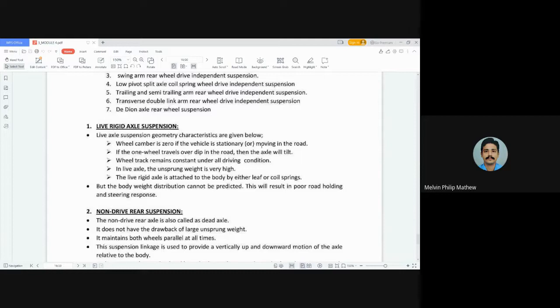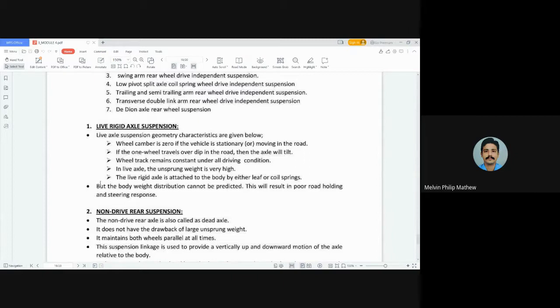Then in a live axle the unsprung weight is very high. So what was unsprung weight? The weight that we studied earlier in the body roll case is called the unsprung weight. Since the unsprung weight is very high, if there is a shift in weight, body roll occurs more easily in a live rigid axle.